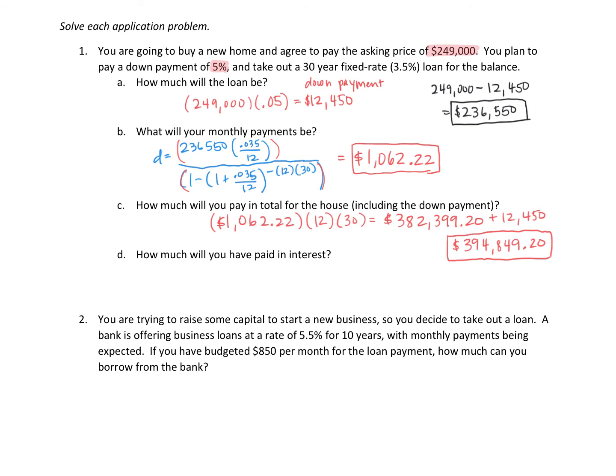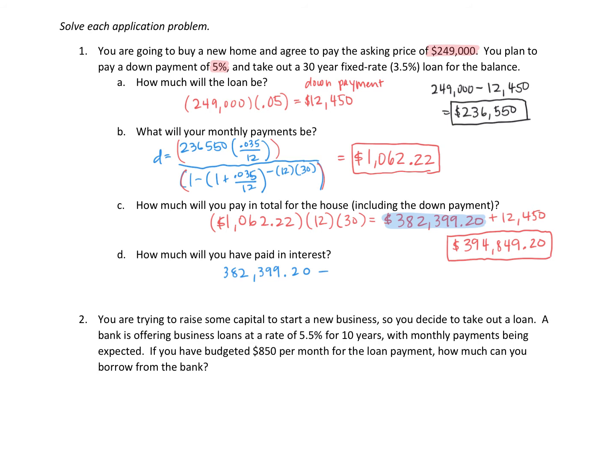So the total number of monthly payments, so $382,399.20. So you're only paying interest on your monthly payments. That's why I'm using this number. That's the number that you get when you multiply all your payments out. So you're going to do that minus the original loan amount.